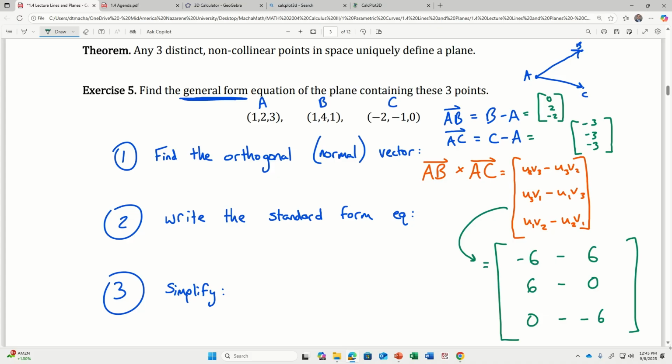So the normal vector, which is the vector orthogonal to my plane, the one that I'm looking for, is negative 12, 6, 6.